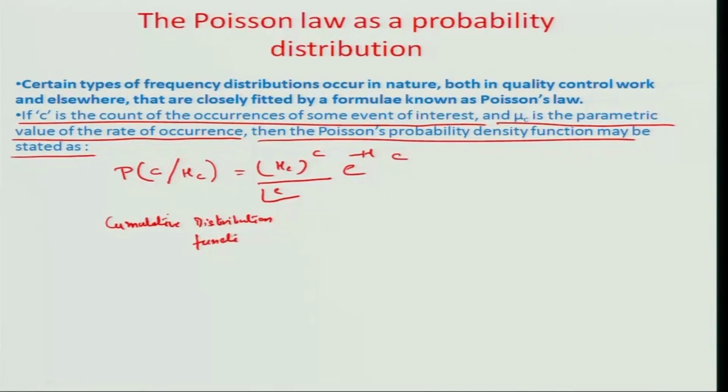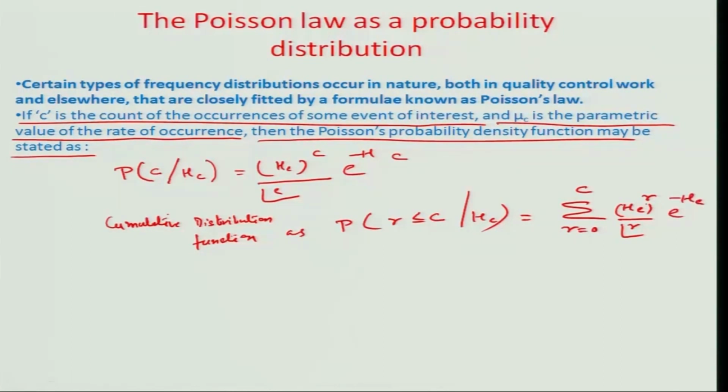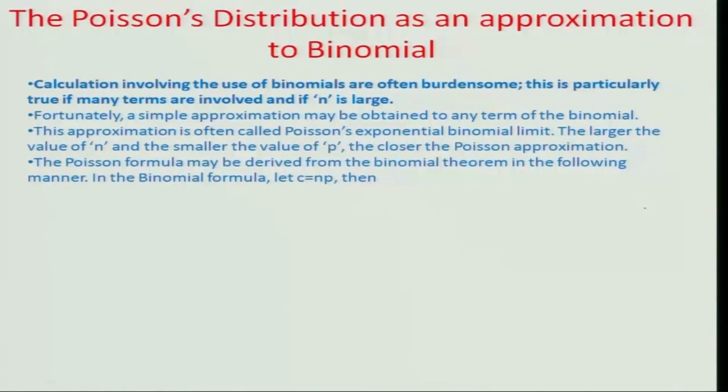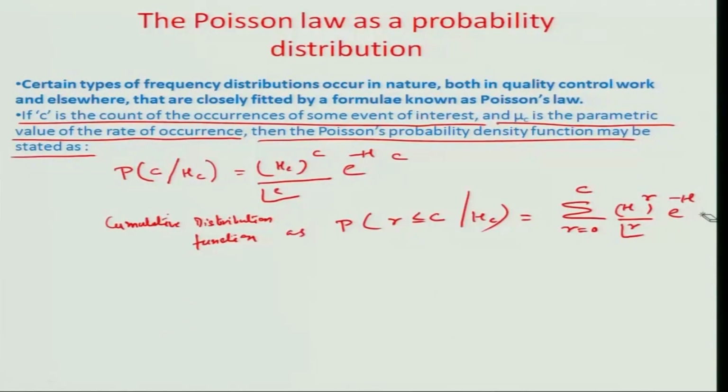in such a case, the probability of R to be less than or equal to C, given a certain occurrence rate of this particular count of occurrences, can be represented as the sum over R varying from 0 to C of mu C to the power of R divided by factorial R, times e to the power of minus mu C. So, that is how you mention the Poisson's formulation for calculation sake.